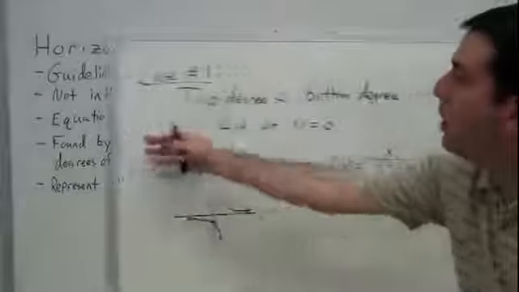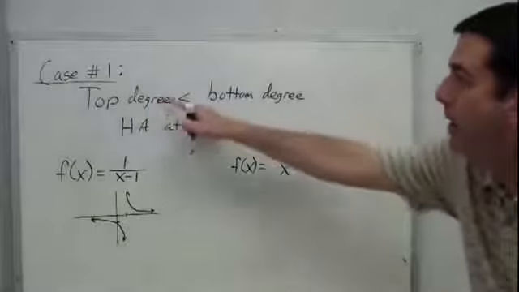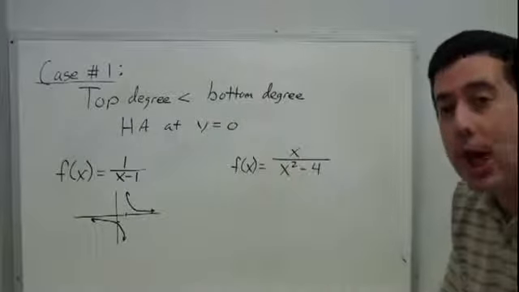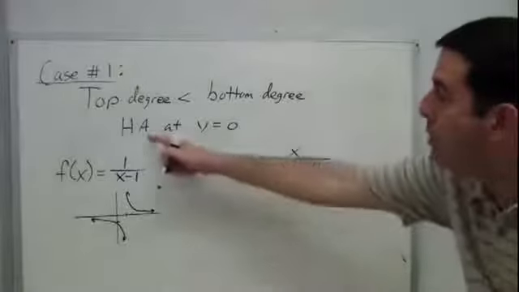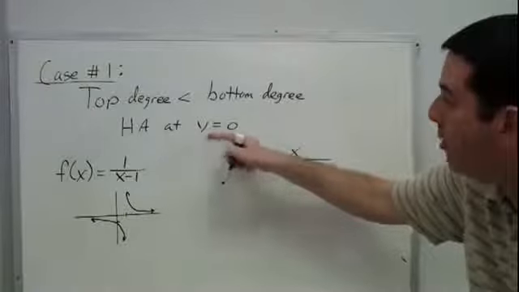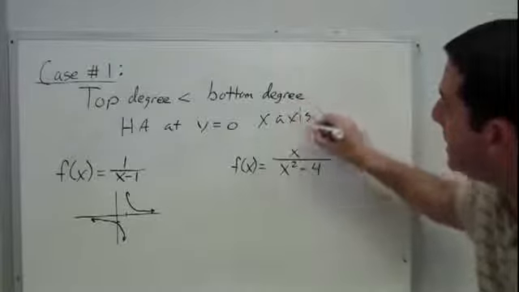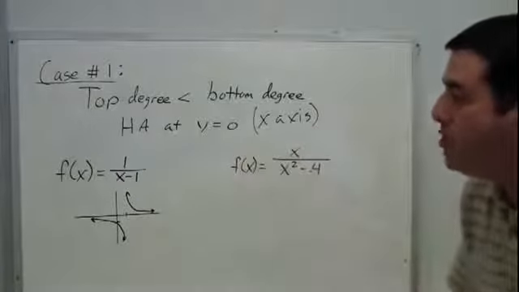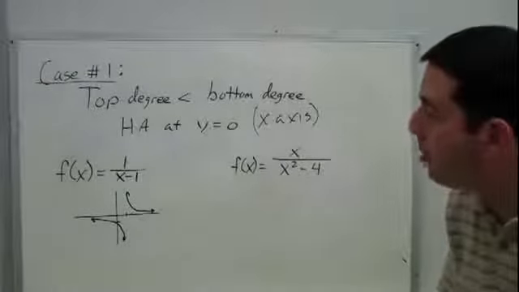The first thing that could happen, you might have the top degree less than the bottom degree. Anytime that the top degree is less than the bottom degree, our horizontal asymptote will be located at y equals 0. This is a fancy way of saying the x-axis. So with each of the functions here, notice that the degree on top is less than the degree on bottom.